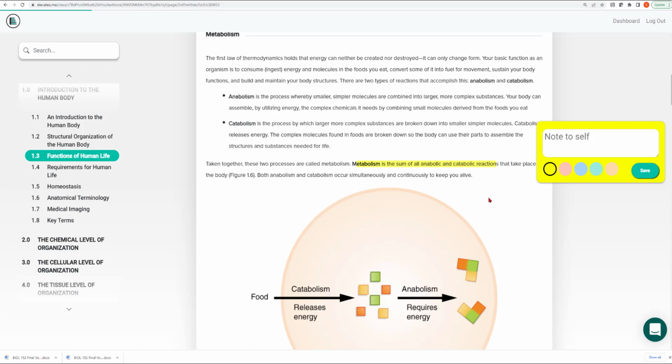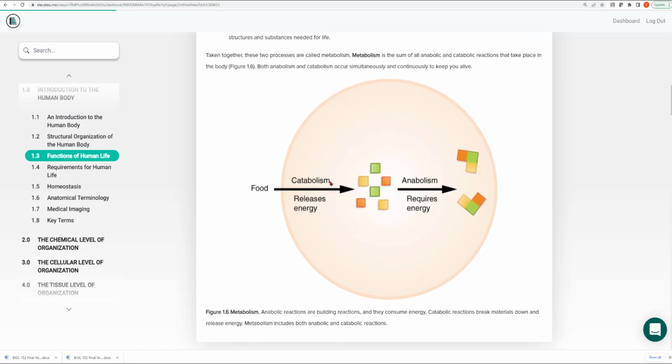So let's use this figure to make sense of this. This circle represents your body, but this circle could also just simply represent any of the cells in your body. So we take in food of some sort. We take food into our body. Every cell also will take food into it. Those molecules that it takes in, it is going to undergo catabolism. It's going to break down those molecules.